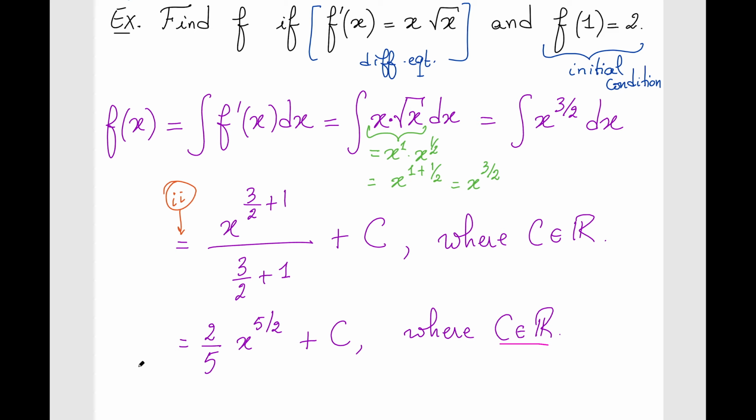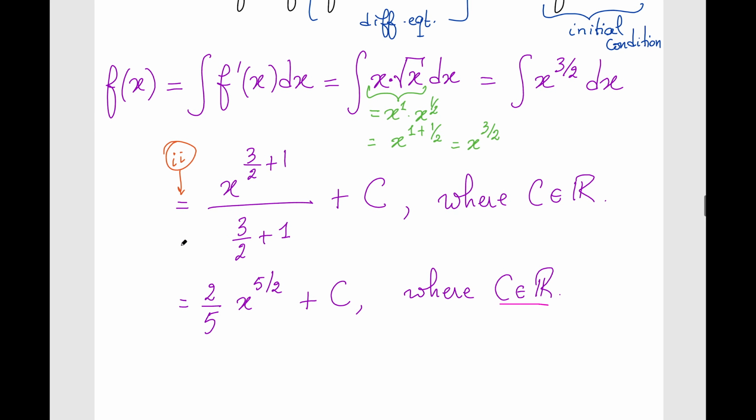So how do we get that? How do we know which function among all of these? Remember, for each constant you can figure out a function f. They want the special function that does this job, so that f of 1 is equal to 2.